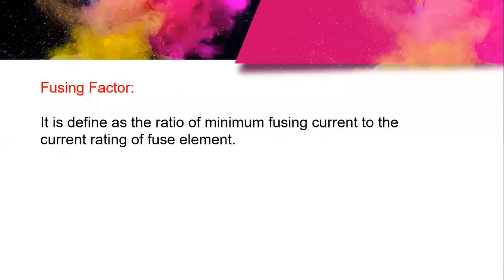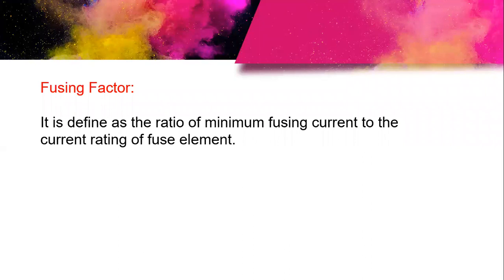Now, another term regarding the fusing factor. The fusing factor is defined as the ratio of minimum fusing current to the current rating of the fuse element. So what we have seen previously, one example, where the rated current is 5 amperes and the fusing current is 5.1 amperes.